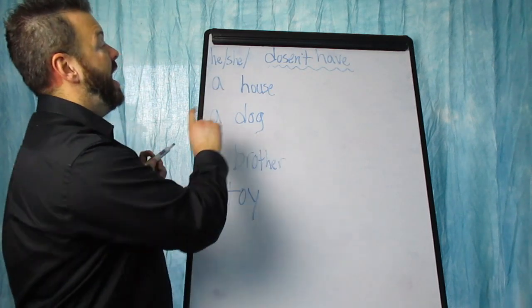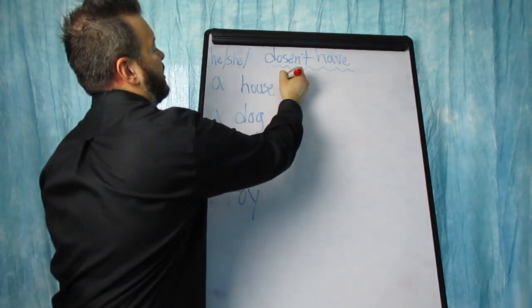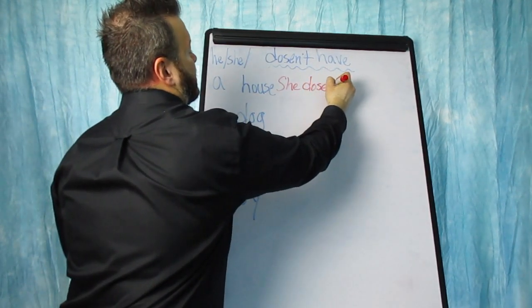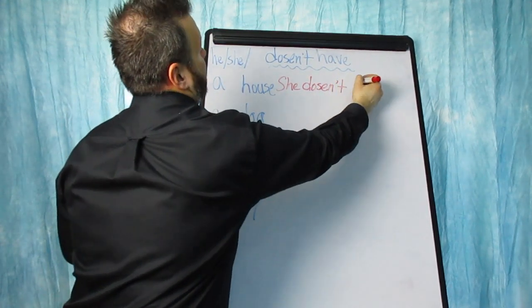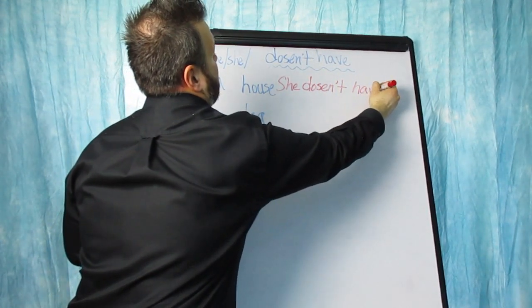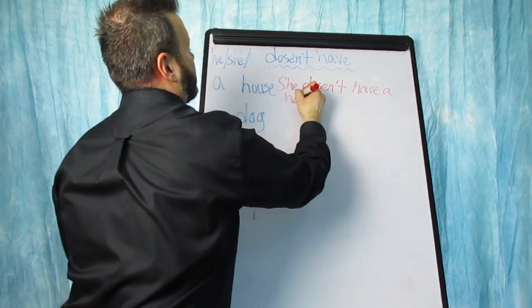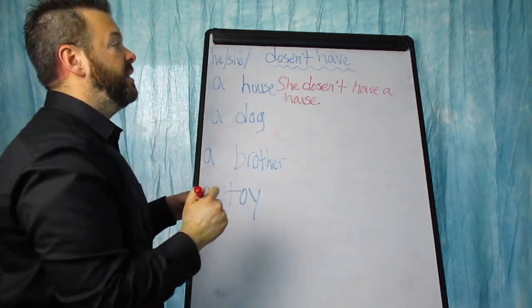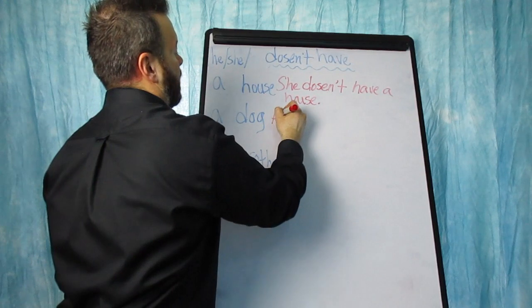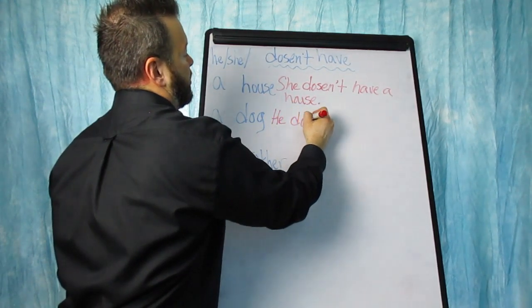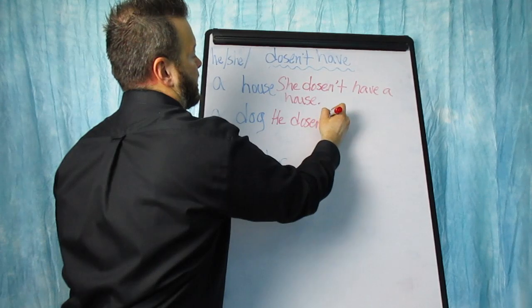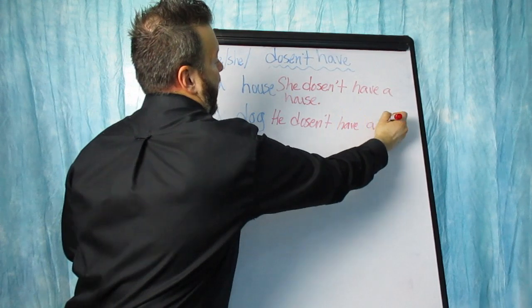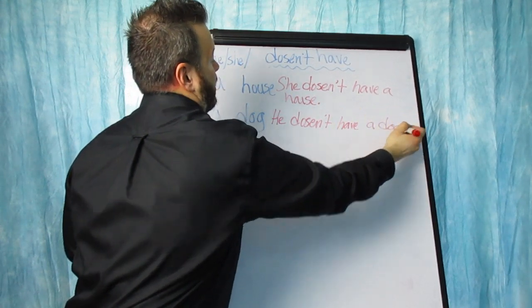Okay. A house turns into, let's use she, she doesn't have a house. A dog, let's use he, he doesn't have a dog.